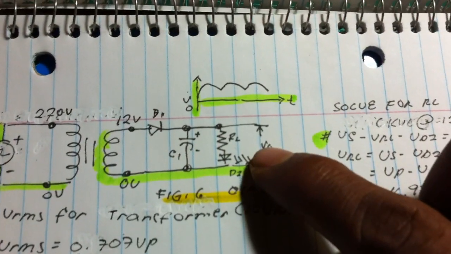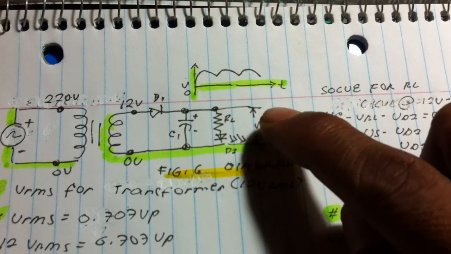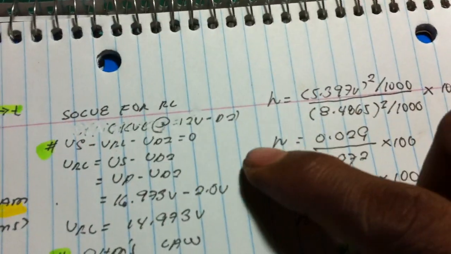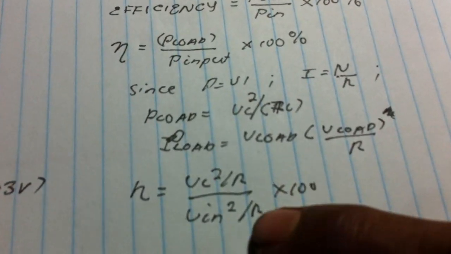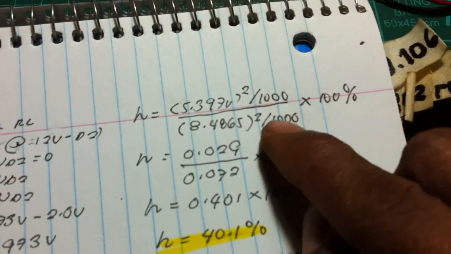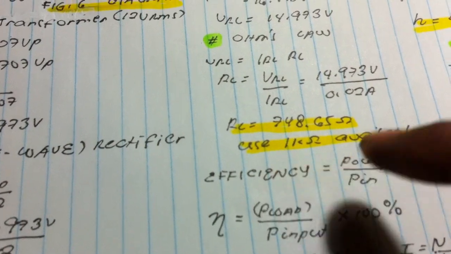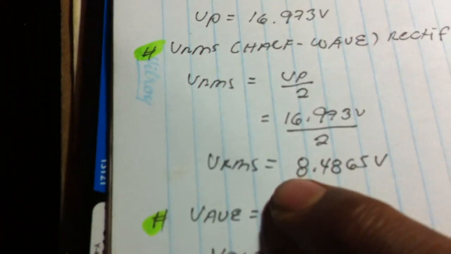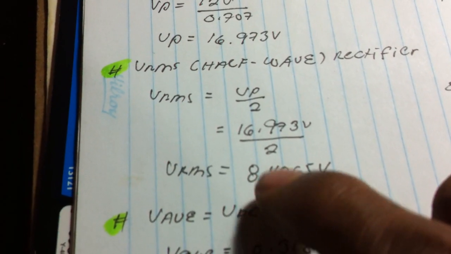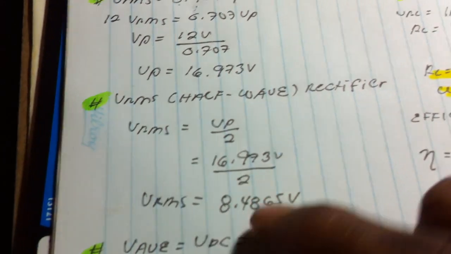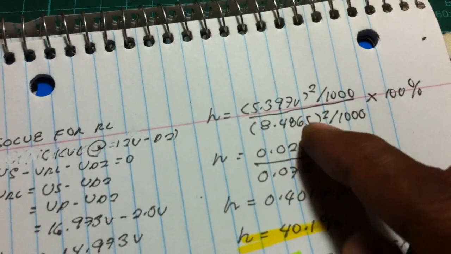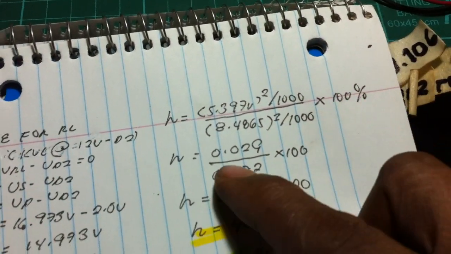This is the voltage of the load, squared over R, from this formula, R is 1000, the resistance of the load, over now we're going to use this VRMS, that is the input voltage, 8.4865 squared over 1000 times 100.